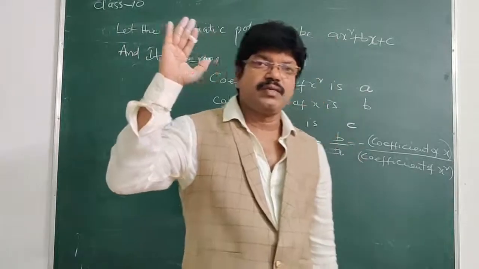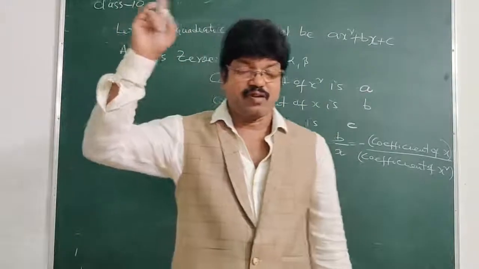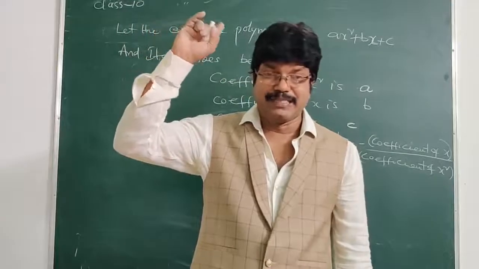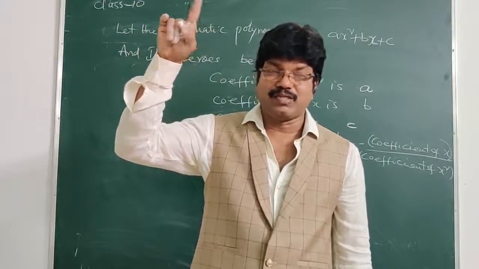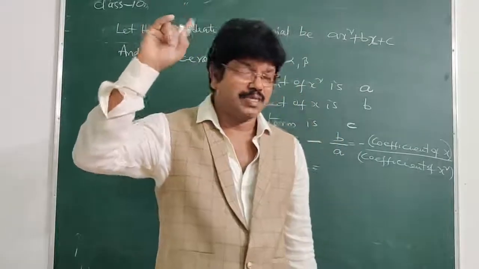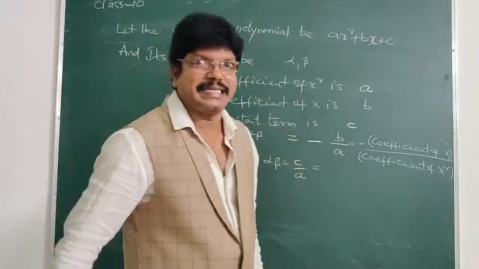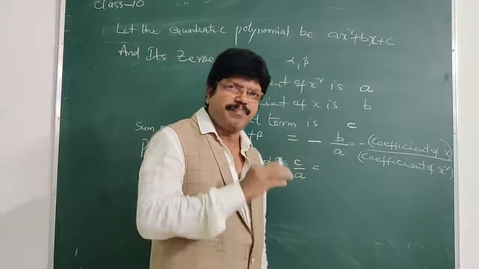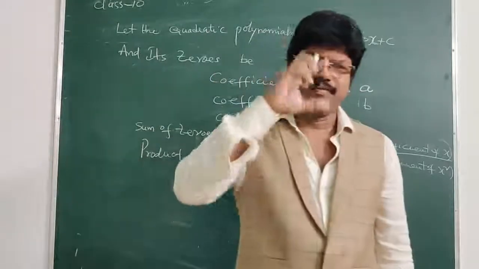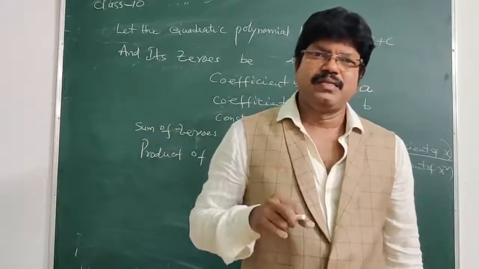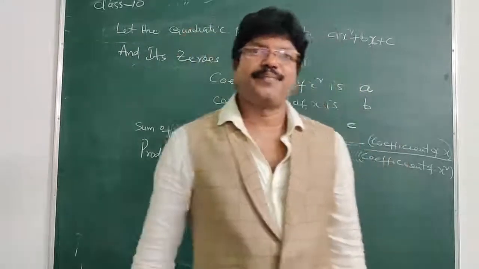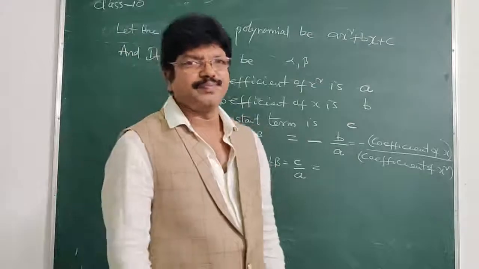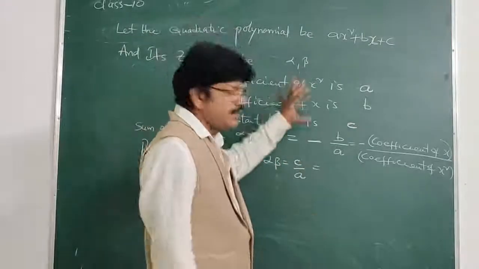What picture? A means x square coefficient, B means x coefficient, C means constant term. Every picture, every frame of the class, save in your brain. That's most important.